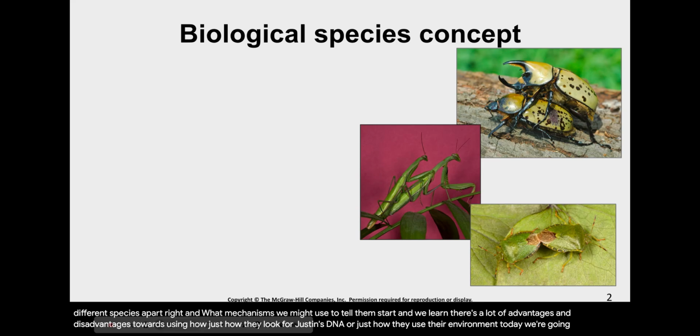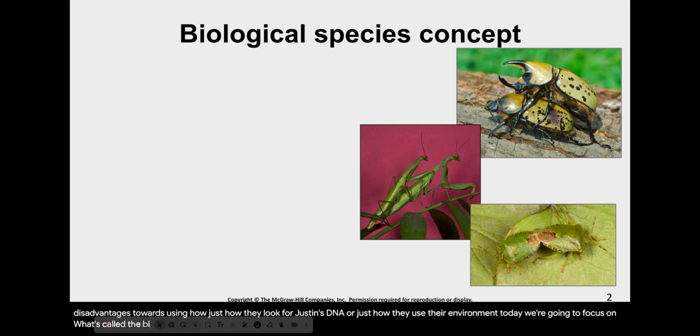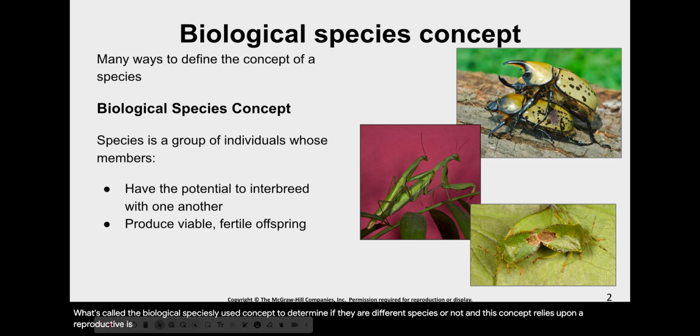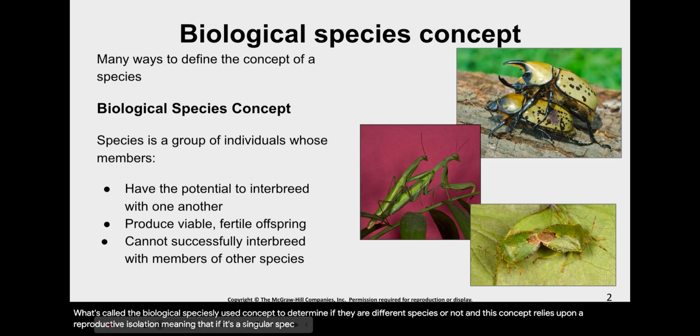Today we're going to focus on what's called the biological species concept. This is the most commonly used concept to determine if they are different species or not. And this concept relies upon reproductive isolation, meaning that if it's a singular species, they have the potential to interbreed with one another.